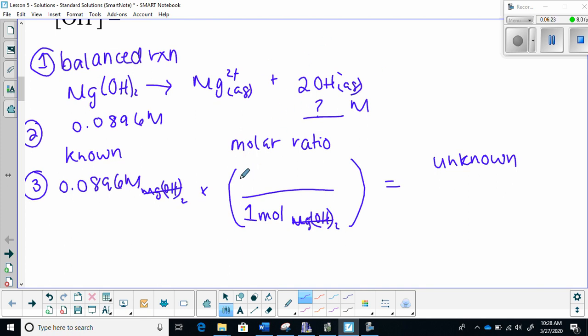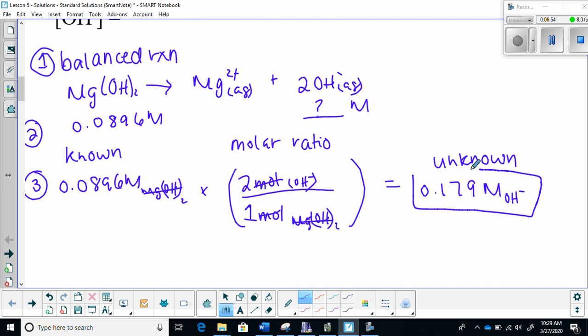So we need to multiply by 2 moles of our hydroxide ion. Perfect. So this cancels out moles. Once we plug this all in, you will get an answer of 0.179 mole per liter of your hydroxide ion. There's your final answer.